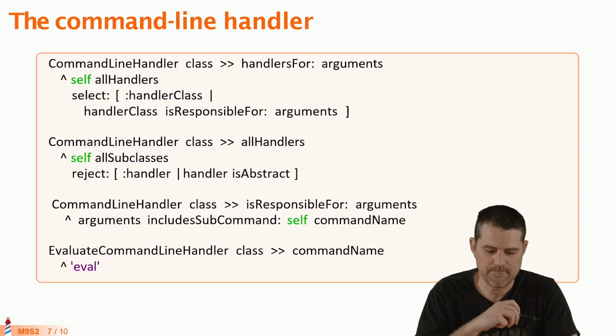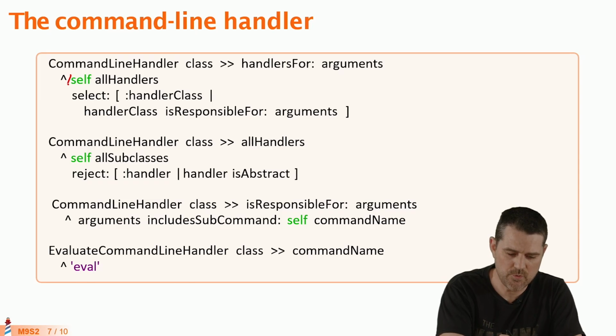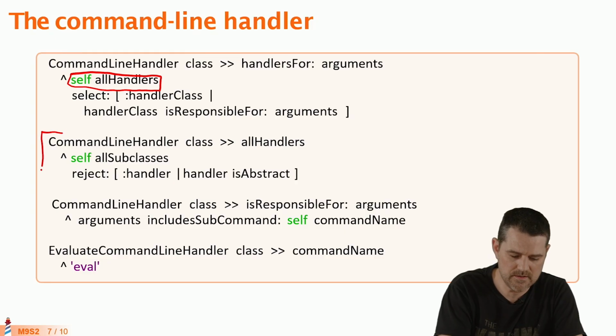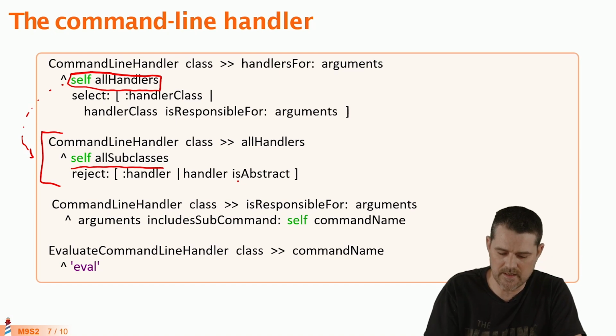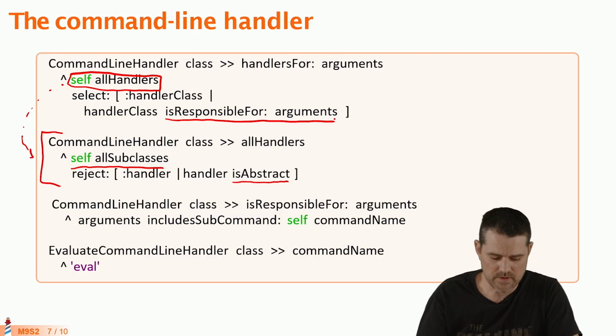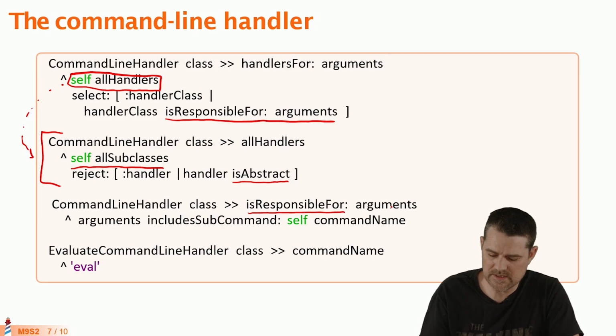And how is it done? This is exactly the same pattern. In the command line handler, we first query the system to detect all handlers in the system. I detect all subclasses and exclude those that are abstract. Then I select the one that is responsible for a particular command. How is it implemented? There is a default implementation in the command line handler class. It is responsible for arguments.